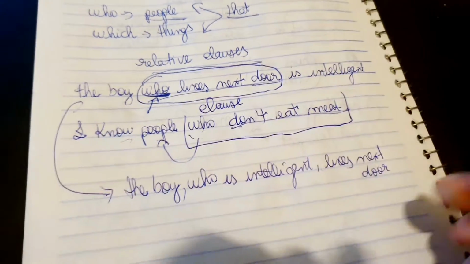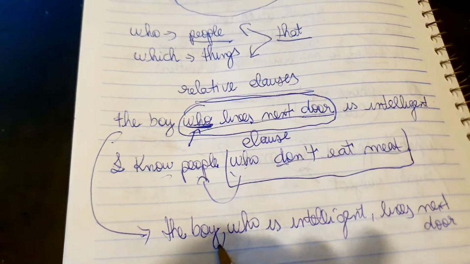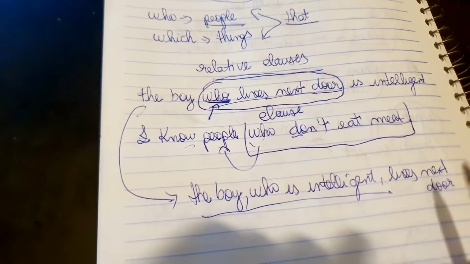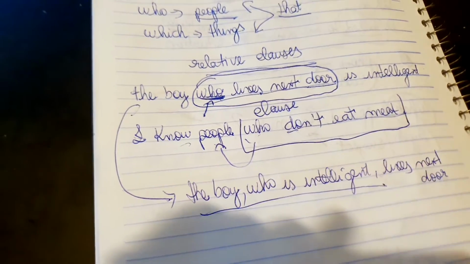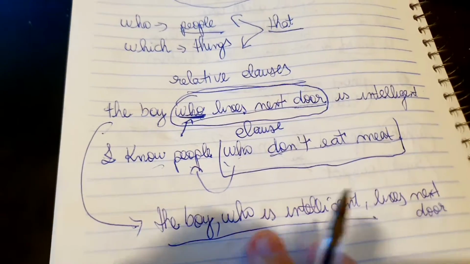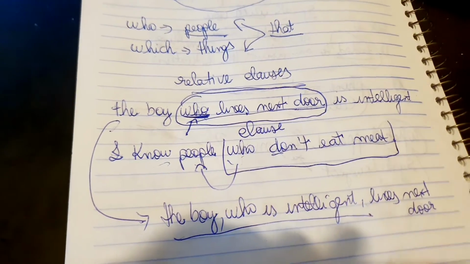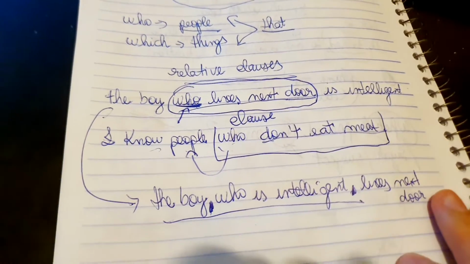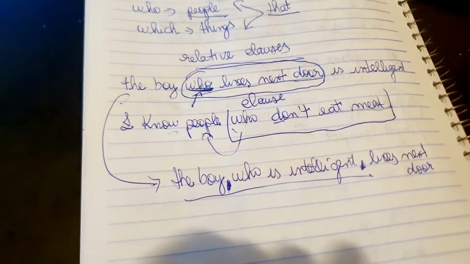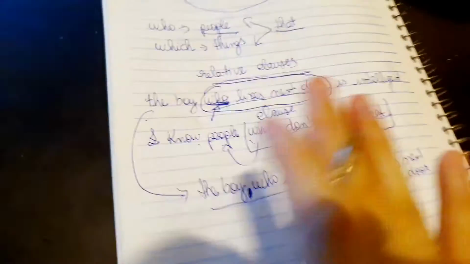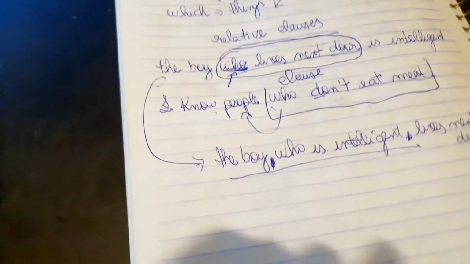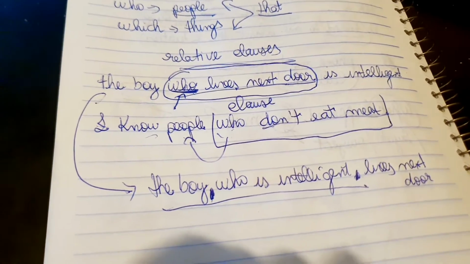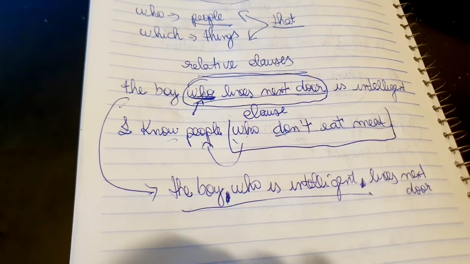I'm not sure whether it's common to put a comma. In Portuguese, we use a comma, right? The boy who is intelligent lives next door. Here, it gives the idea that whoever lives next to me is intelligent and he is a boy. No, it's not true. So you have to be careful about the meaning you want to deliver, and how you build these sentences.